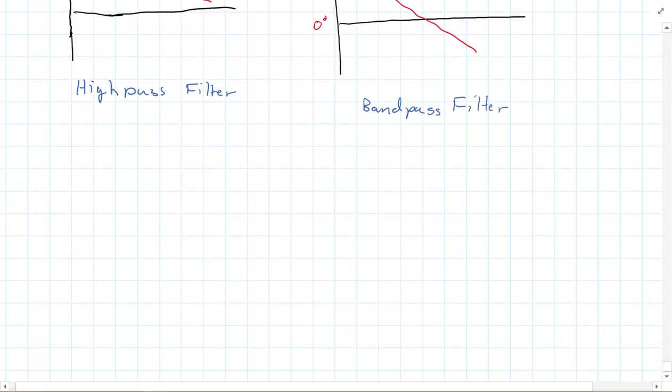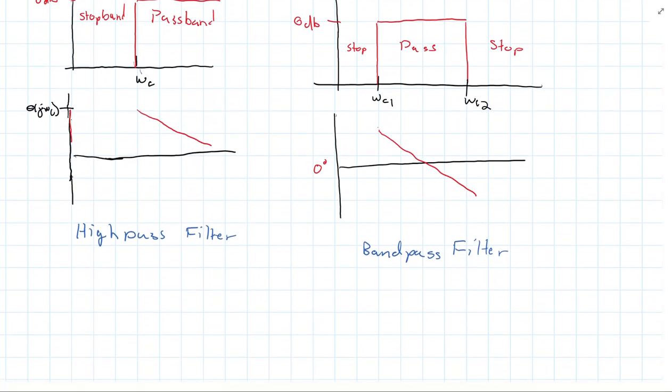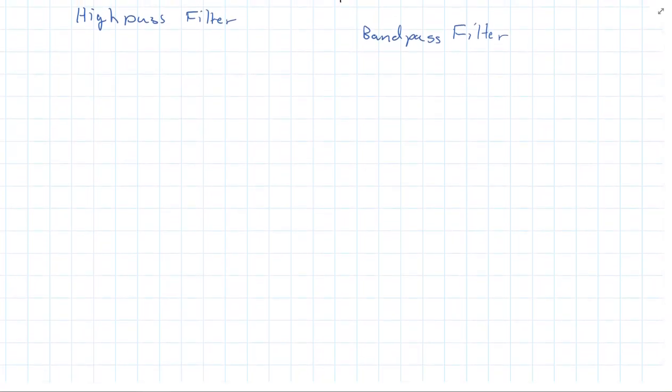And finally, there's one more filter. Well, first, a quick application of a bandpass filter. Anytime you tune your radio to a particular station, you're using a bandpass filter. For instance, if you're tuning to 96.3 FM, I don't even know if that's a station, but let's just say you're tuning into 96.3, which, by the way, is in megahertz, so 96.3 megahertz. You're not just looking at 96.3 megahertz.